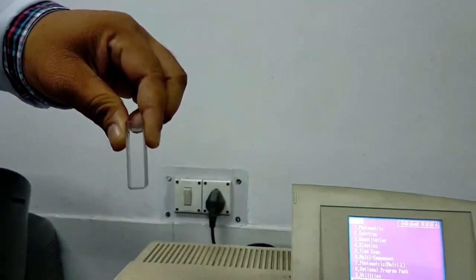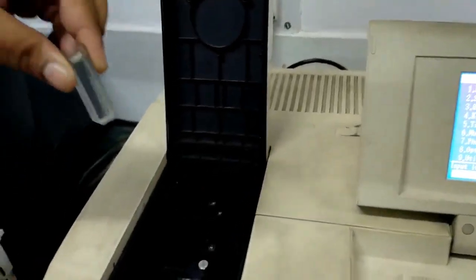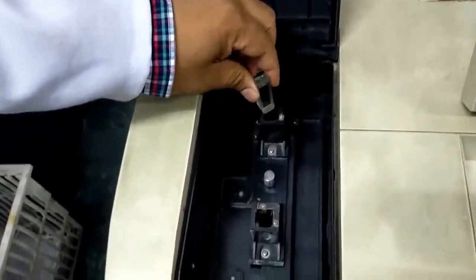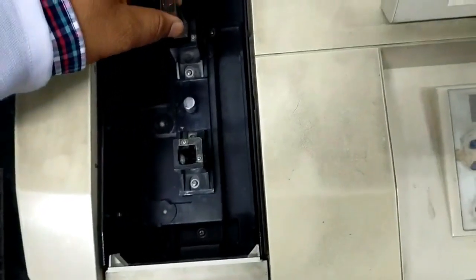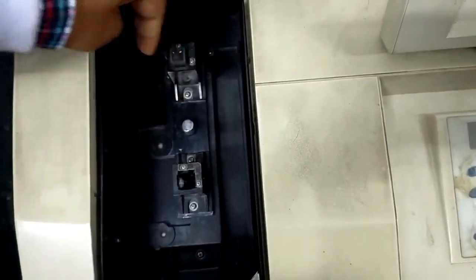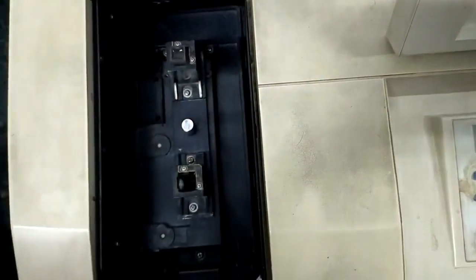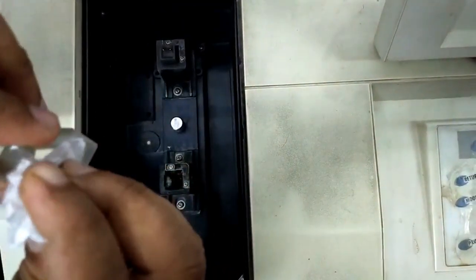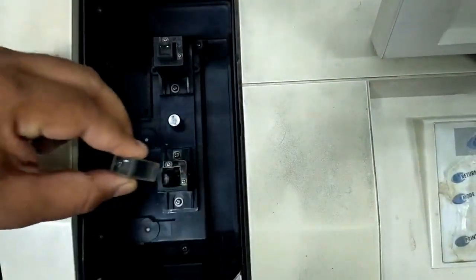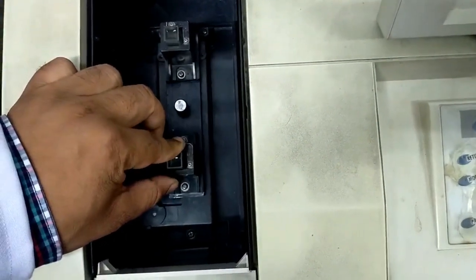So first cuvette is being placed into the holder. This is a cuvette holder. You can see that this side should be placed, since the direction of radiation is this, the radiation coming from this direction, and the second cuvette is also filled with the sample, and it is being kept into the holder.